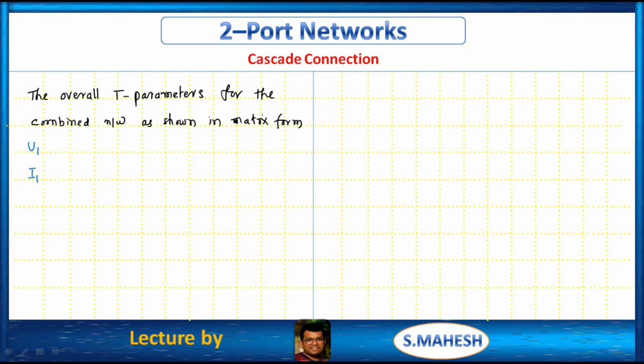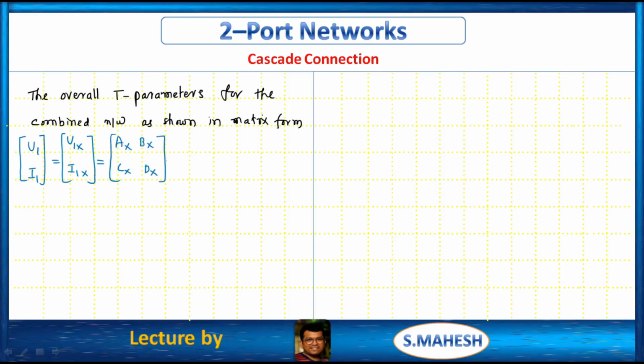This is I1, right, with V1. We all know that V1X, because the first network is X, and I1X is equal to the matrix AX, BX, CX, DX.